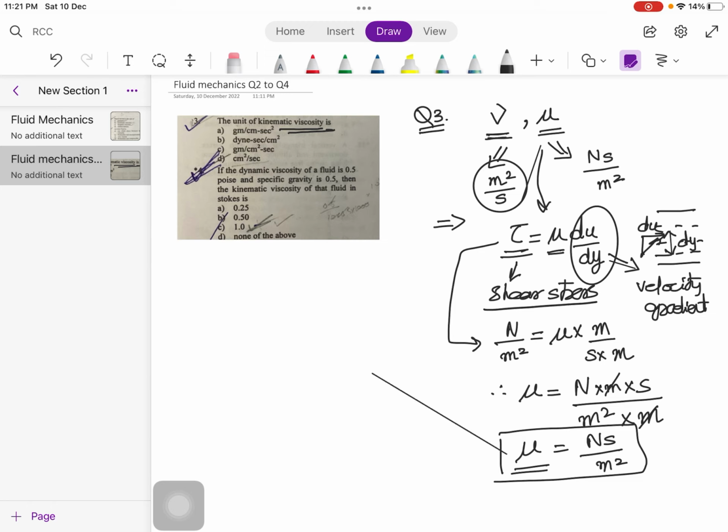Now, kinematic viscosity relates with dynamic viscosity through this equation, that is nu equals mu upon rho.